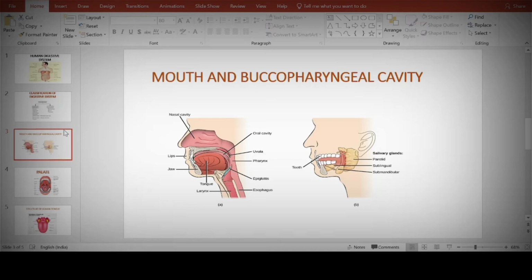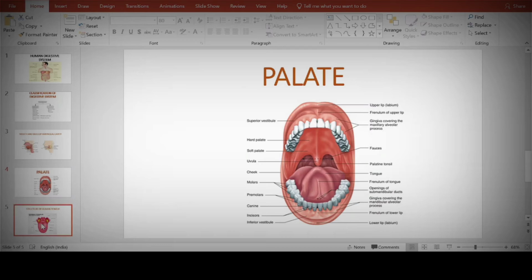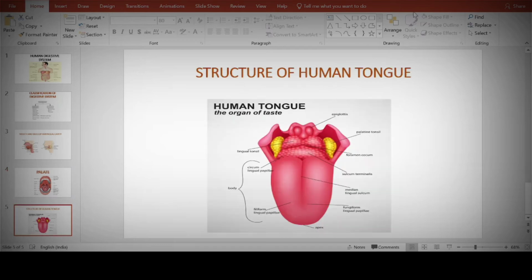Okay, so moving further, we are done with the palate, and now let's have a look at the structure of the human tongue.